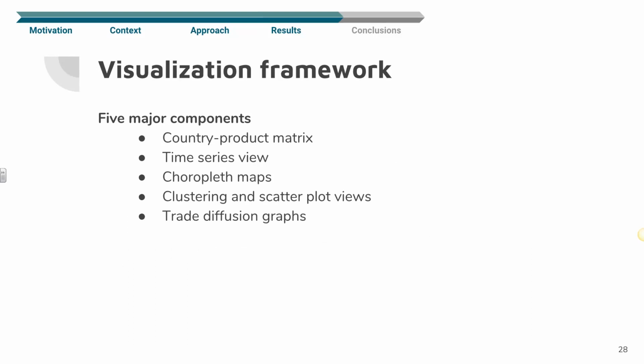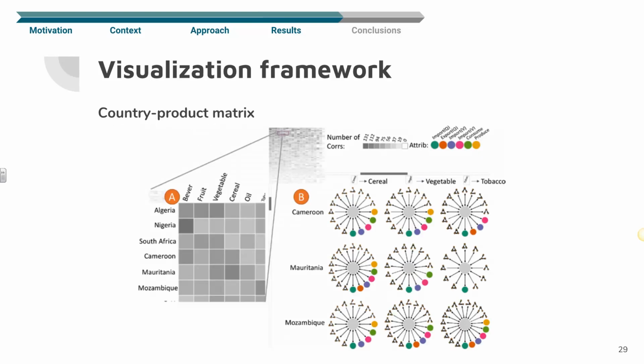So they put together this visualization framework that's made of 5 components, and I will go through each of them. The first is this country product matrix. The function of this is to help the user identify places where they should look further. The matrix shows countries on one axis and products on the other.